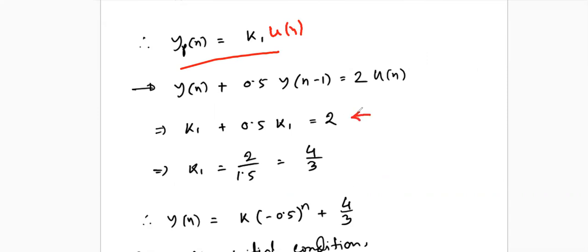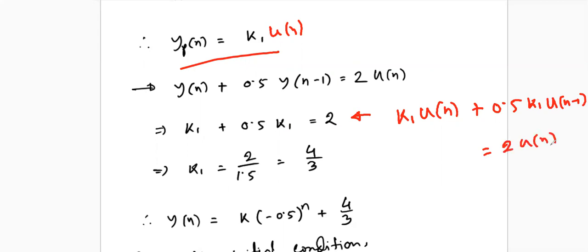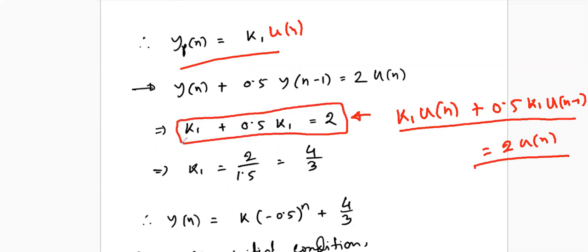In that case, this equation can be written as k1 un plus 0.5 k1 un minus 1 is equal to 2 un. Okay, no problem. You should write like this.